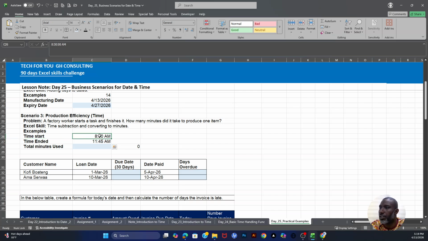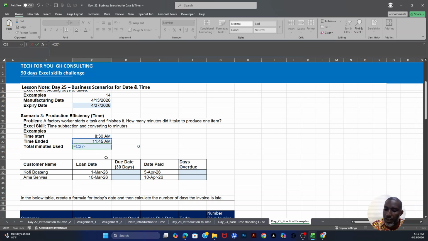So let's say the start time was 8:30 a.m., and the end time is 11:45. What will be the total number of minutes that was used? We always know that we do subtraction.